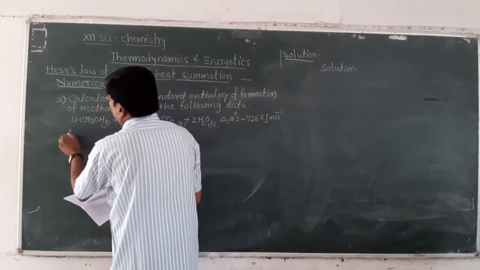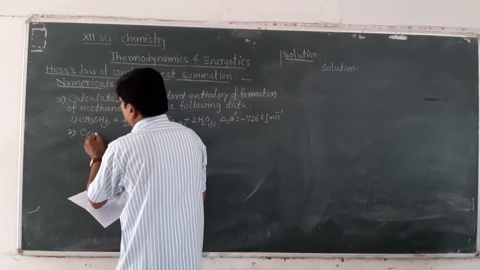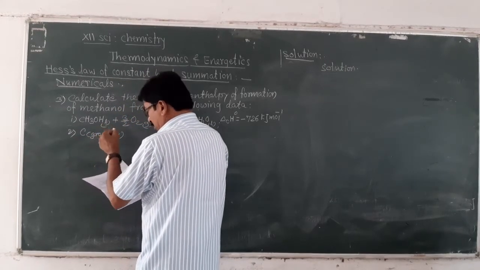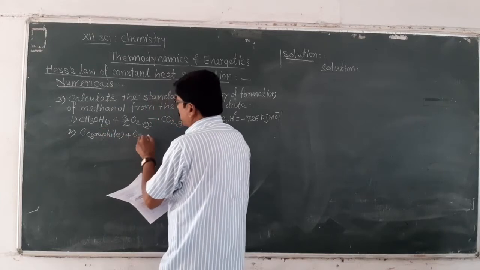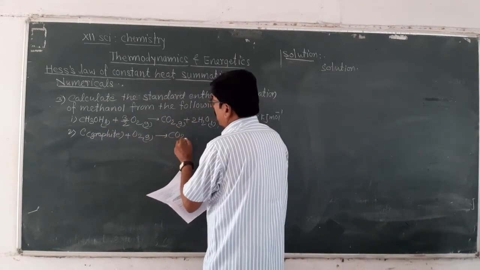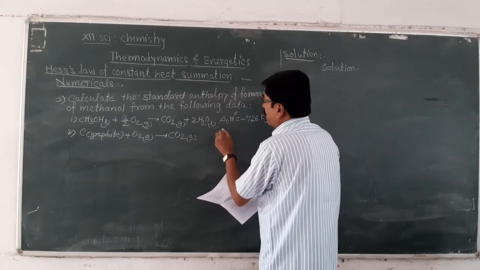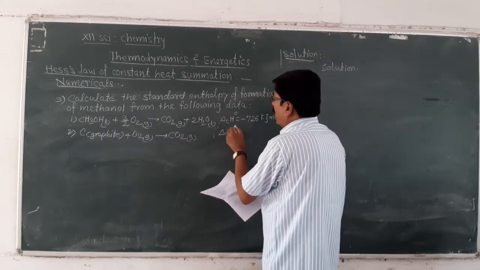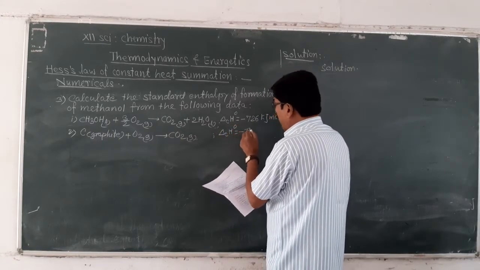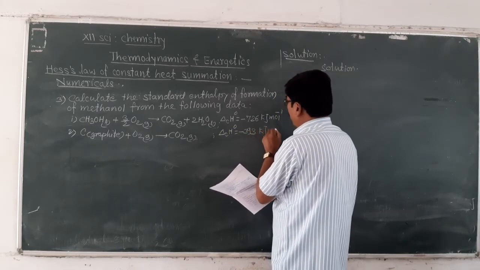Second thermochemical equation is given. Carbon, graphite plus O2 gas to give CO2 gas. And the enthalpy of combustion of carbon is given. It is minus 393 kilojoule per mole.